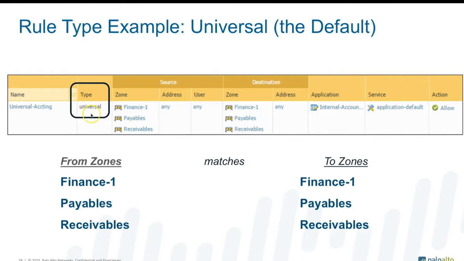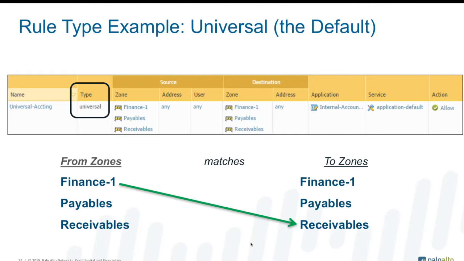So there are 3 different zone types that you can use when you create a security policy rule. The first one is universal. This is the default zone type. With universal, this rule, which has the applications that I'm defining, allows intrazone and interzone traffic, covers both, as you can see here.